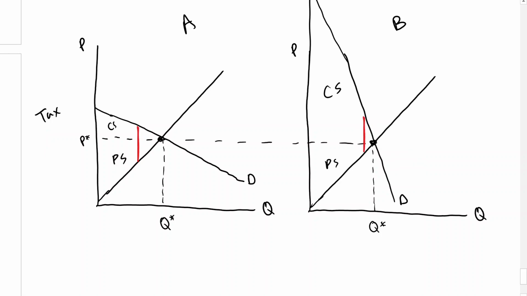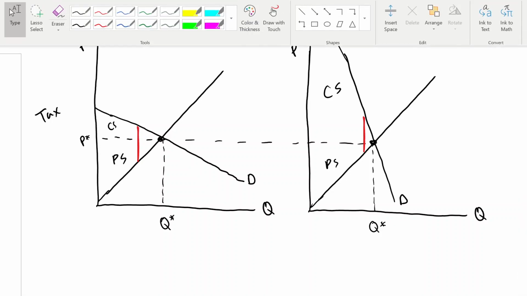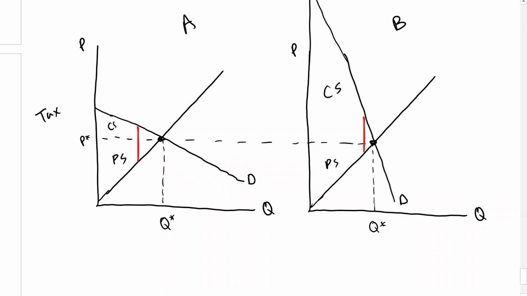Okay? And so with that tax, here's our quantity with our tax, QT.